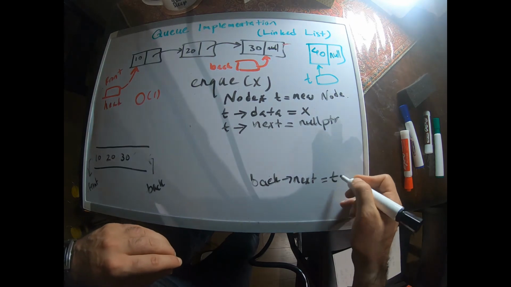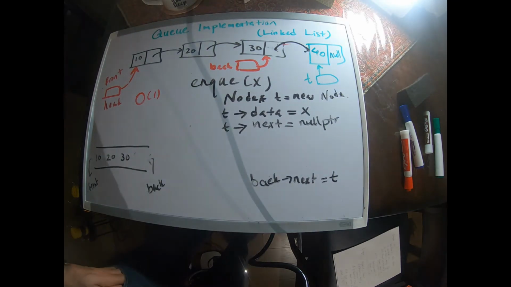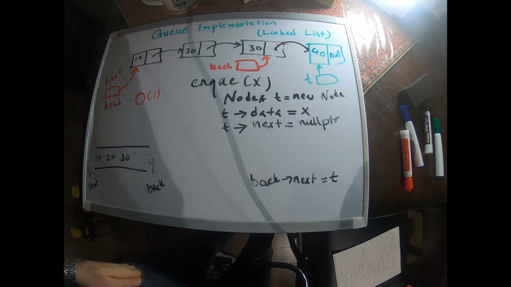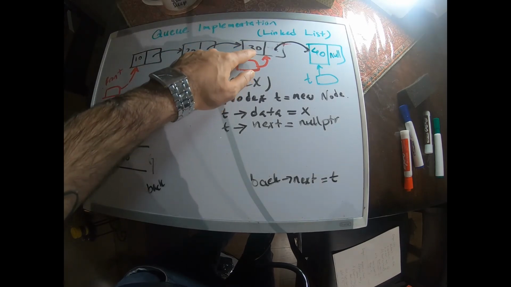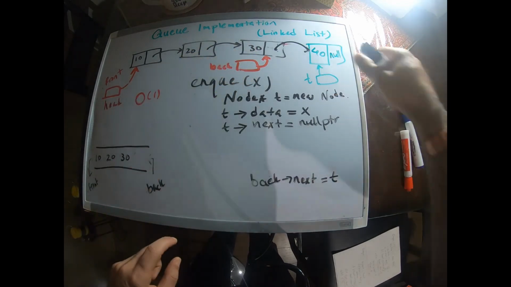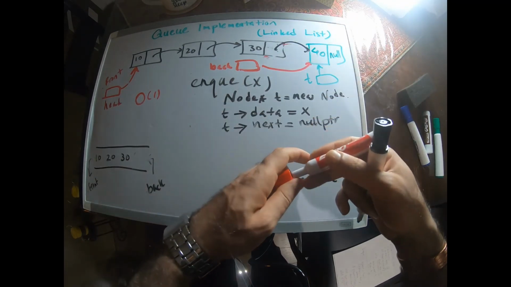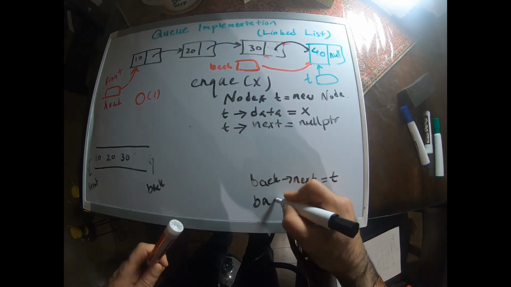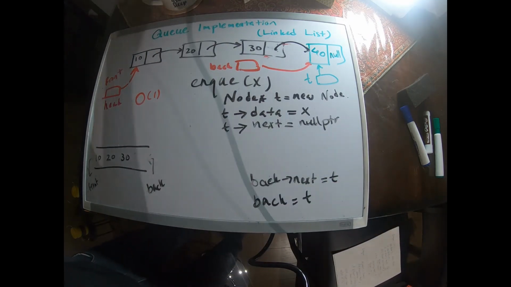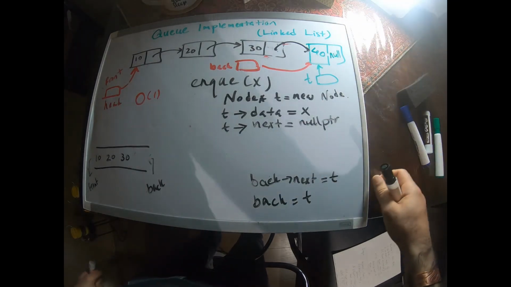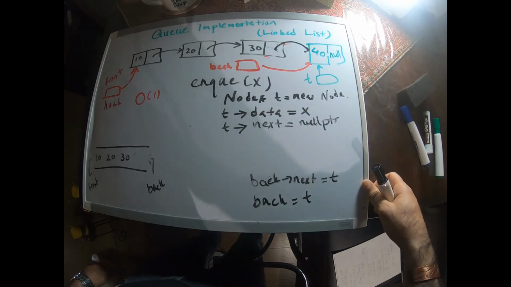So back arrow next is equal to t. This is going to go like this. And then this is not the back of the linked list anymore, so the back of the queue is going to be this one. How can I do that? I'm going to write back is equal to t. That's it, right? Now this node is the tail of the linked list. This is the back of our queue.